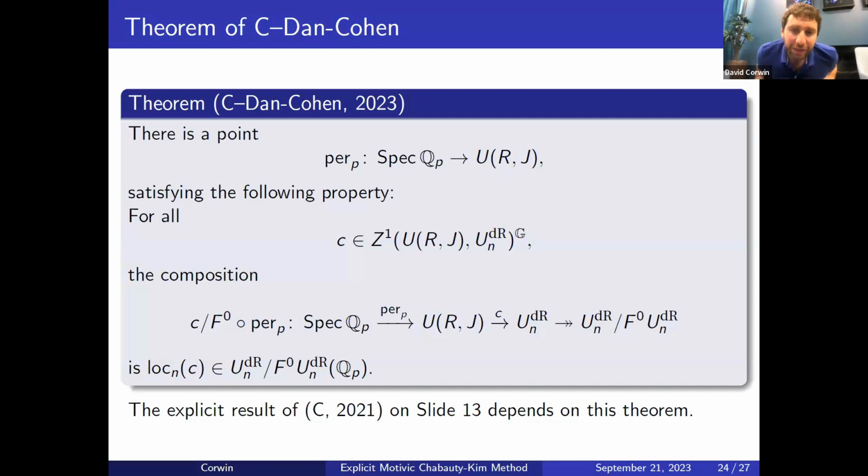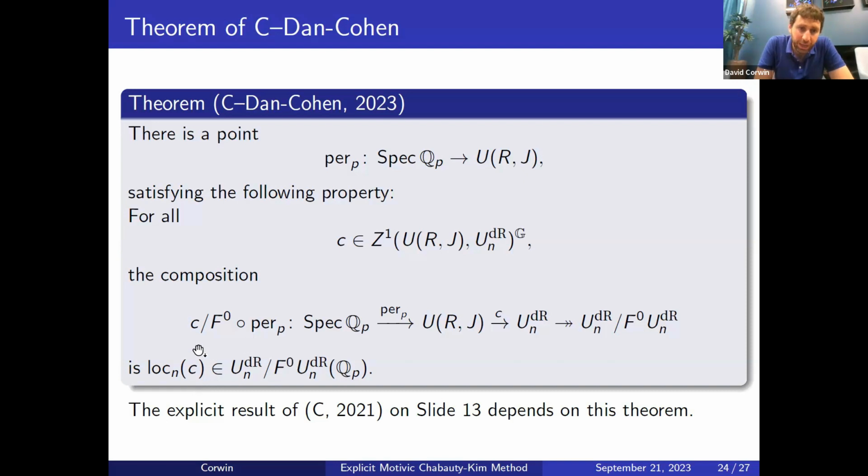And when I say c, I really mean a Q_p point of the space, so a specific cocycle. And it gives you a Q_p point of UN mod F^0 UN, which is exactly what you expect to get out of loc_n. And so the theorem says that we can define this period P map from Spec Q_p to URJ such that this composition is the same as loc_n.